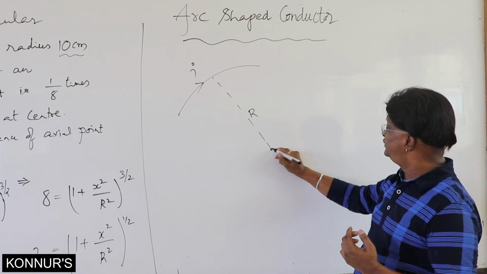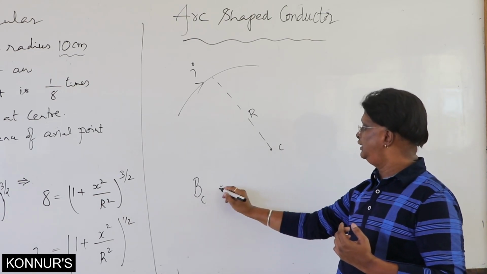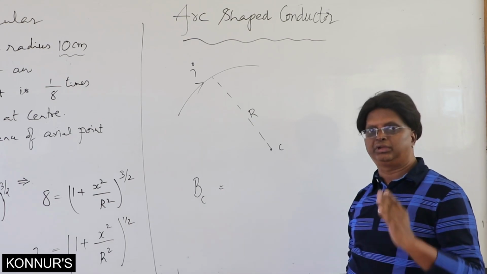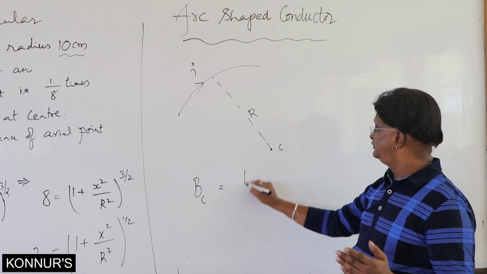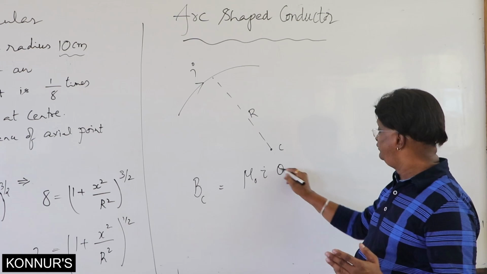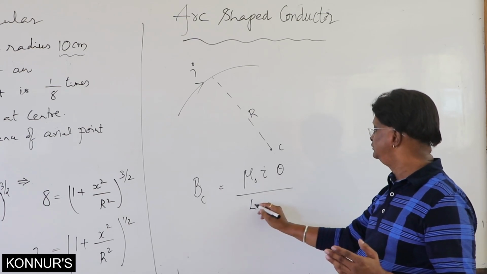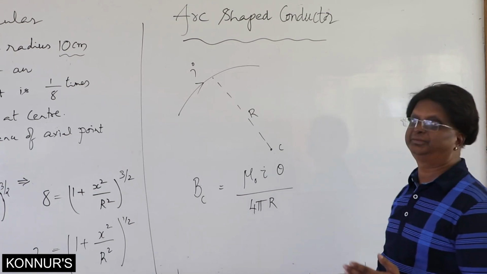Now we are writing the induction at the center of the arc. For CET and NEET we are asked only at the centers. Induction at the center is equal to mu naught I theta by 4 pi r is the expression.